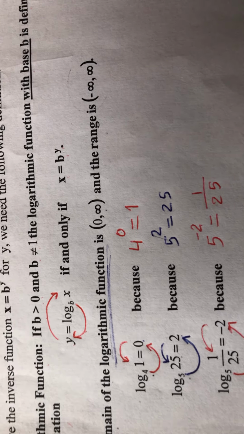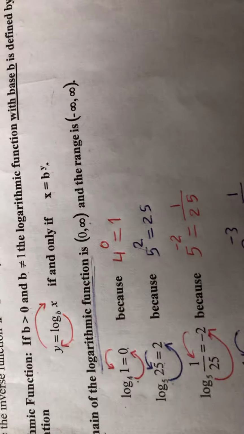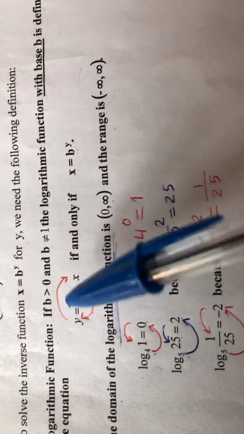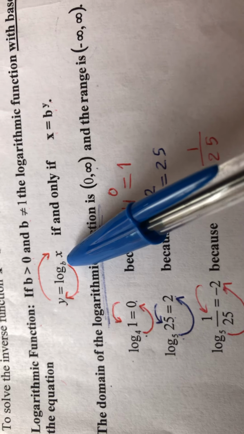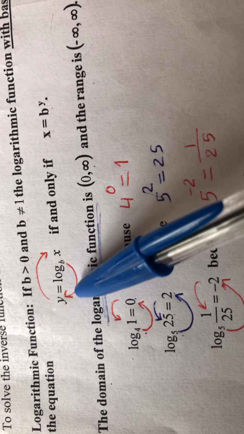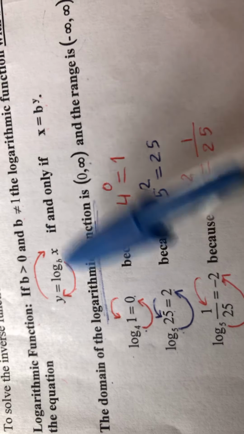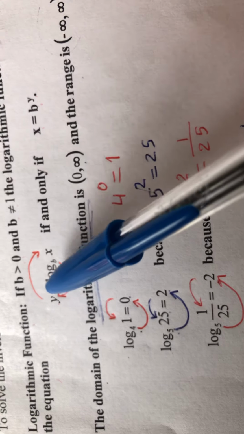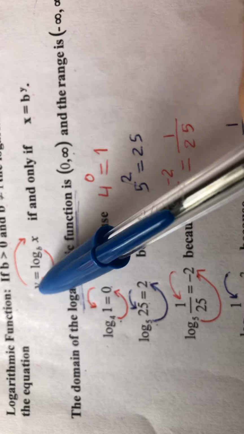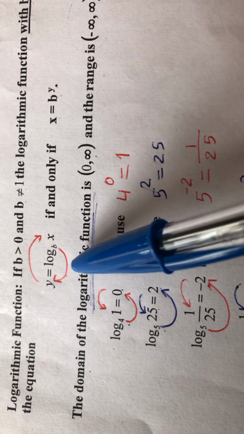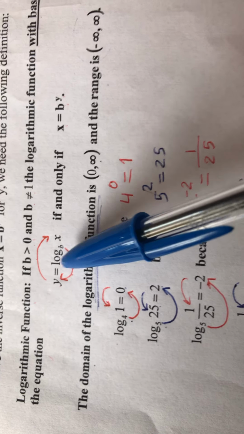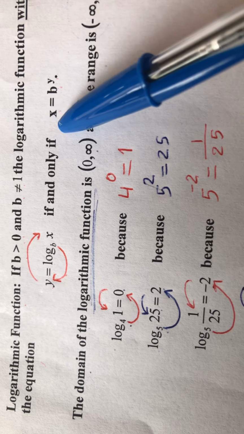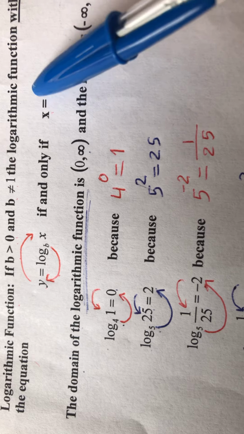So here, y equals log with base b of x. We start from the base: b to the power y equals x. So this logarithmic function is equivalent to this exponential.